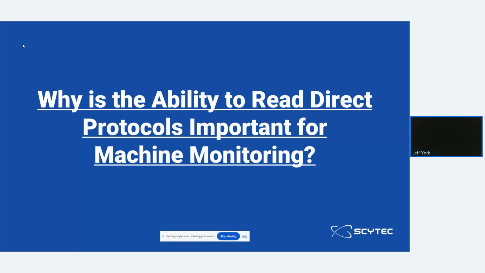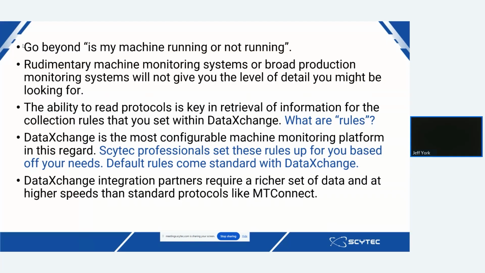Next up, I'm going to go over why the ability to read direct protocols is important for machine monitoring. As I've said before, going beyond "is my machine running or not running" is definitely a tenet of direct protocol access. Direct protocol access allows DataXchange to access a very rich set of data at high speeds, and rudimentary machine monitoring systems, as well as broader production machine monitoring systems, will not give you the level of detail that DataXchange provides.